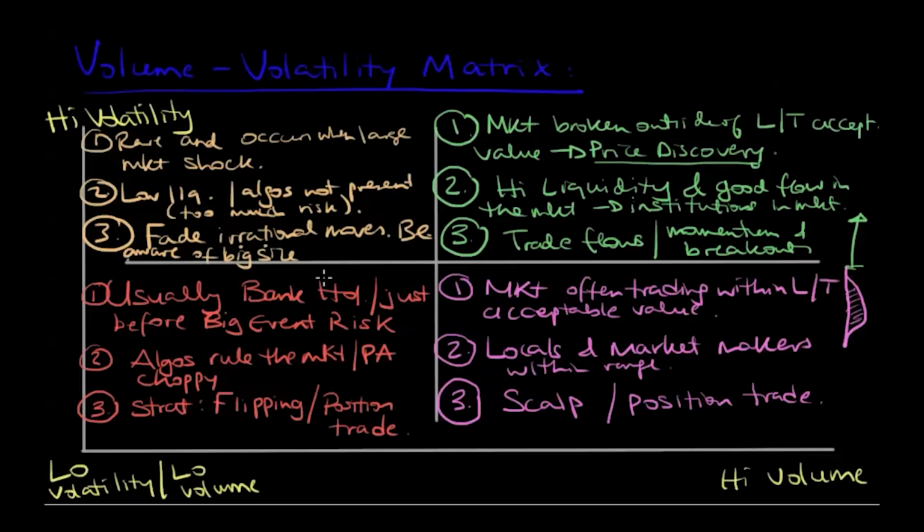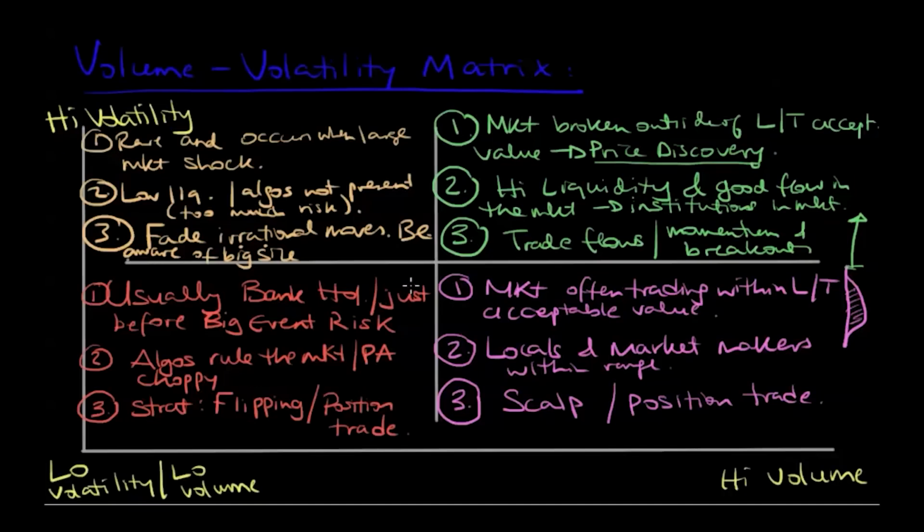So these are the kind of volume and liquidity conditions that you can have in the marketplace. And it's important to understand these, like I said before, because the market's always moving from one to the other. Usually the market doesn't spend a lot of time in this quadrant.